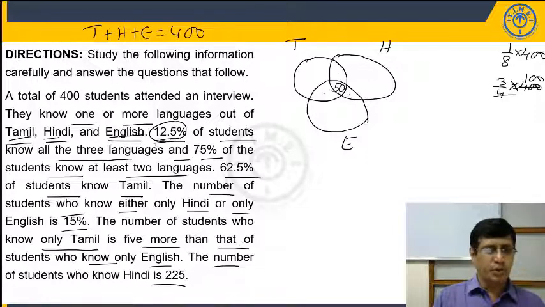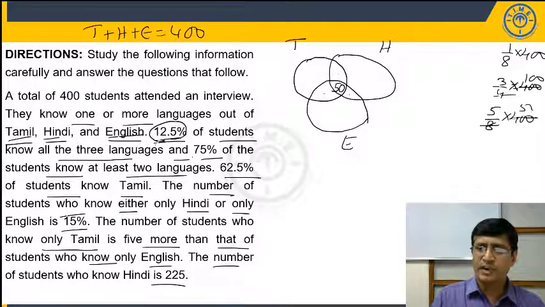Then 62.5% of the students know Tamil. 62.5% is equal to 5 by 8. 5 by 8 of 400: 8 goes into 400 fifty times, 5 times 50 is 250. So Tamil is 250.